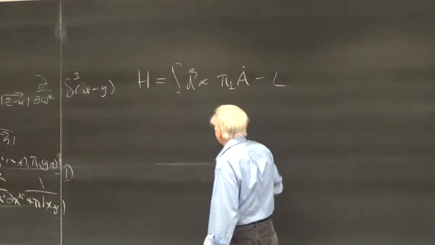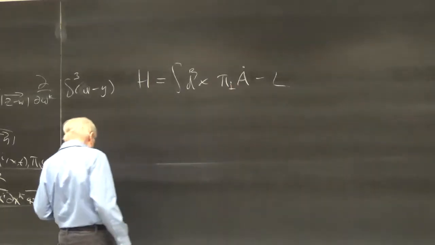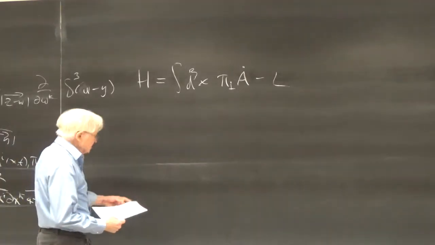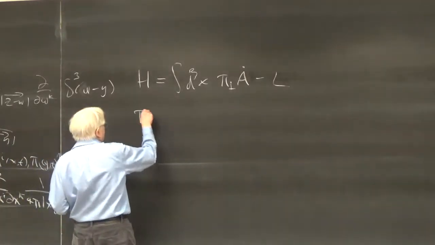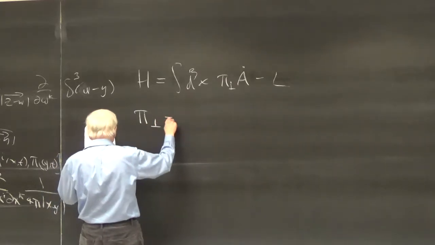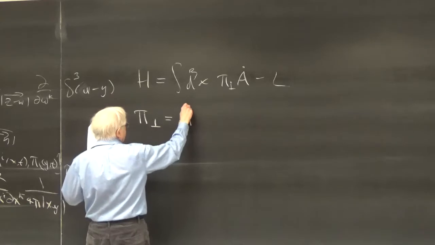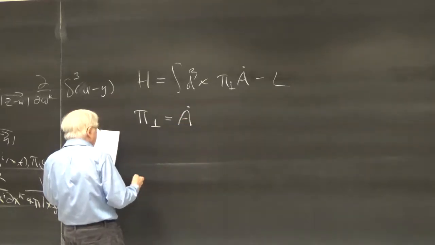So we can add a perp symbol, meaning just the perpendicular part. And pi perp is, well, it's just A dot.